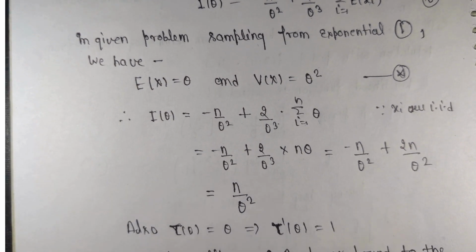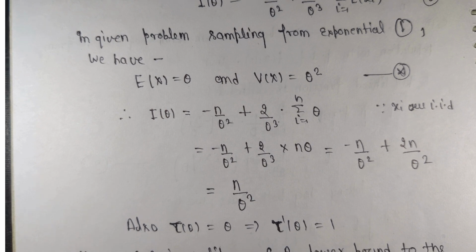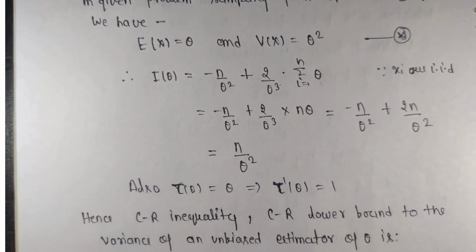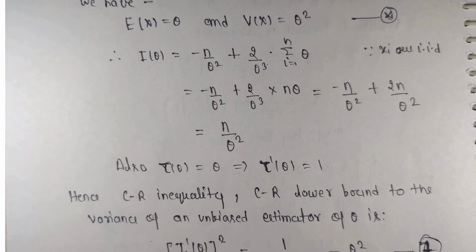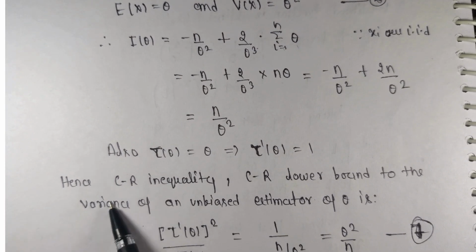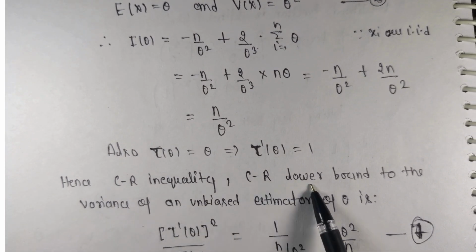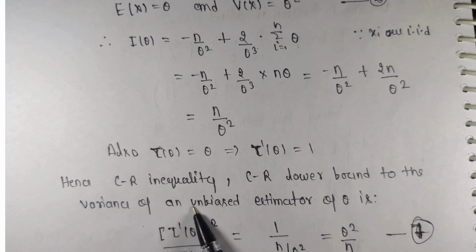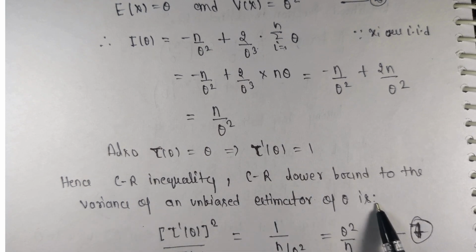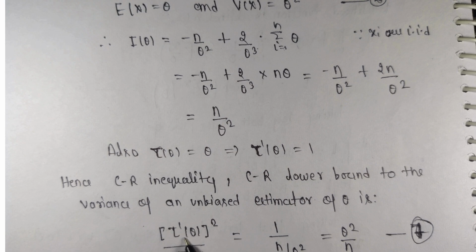And in this problem tau(theta) is theta. Differentiate tau(theta) with respect to theta, what will be the result? tau dash theta is equal to 1. Is it clear? Okay, so come to the Cramer Rao inequality structure. Hence the CR inequality, the Cramer Rao lower bound to the variance of an unbiased estimator of theta, is tau dash theta square upon I(theta).